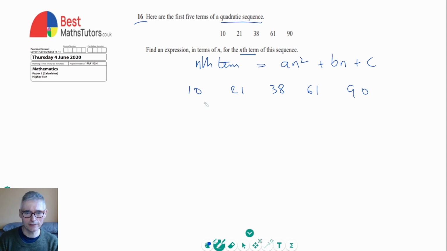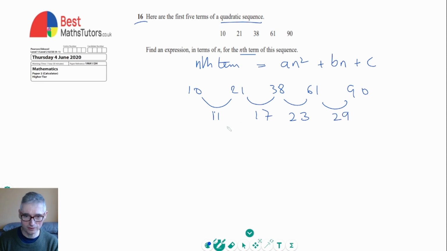We can look at the differences between them. So if we do, we can see that we've got 11, and then the next one is 17, and then the next jump from 38 to 61 is 23, and the next jump from 61 to 90 is 29.